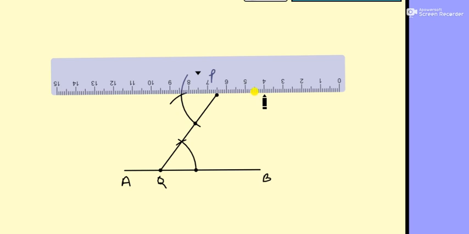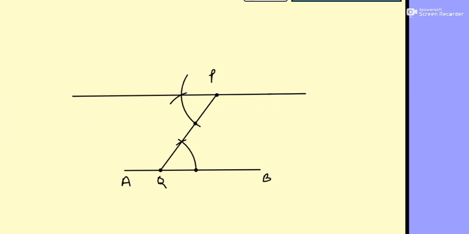Yes, you can draw a line like this. And remove the scale. So it is looking like that. That line is XY. You can write here XY. As you know, XY is parallel to AB. How can we see this? You can see this one.